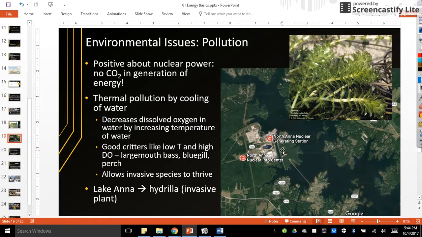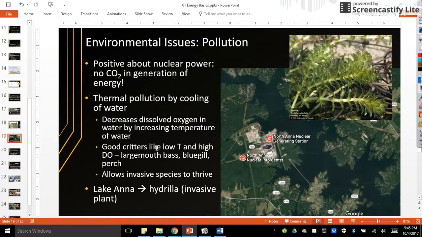And when we have excess heat going into a lake or body of water like this, it decreases something called dissolved oxygen in the water. Fish breathe oxygen that is dissolved in the water, and they take that in through their gills. They like to have a high amount of dissolved oxygen in the water, like we like to have the correct amount of oxygen on land.